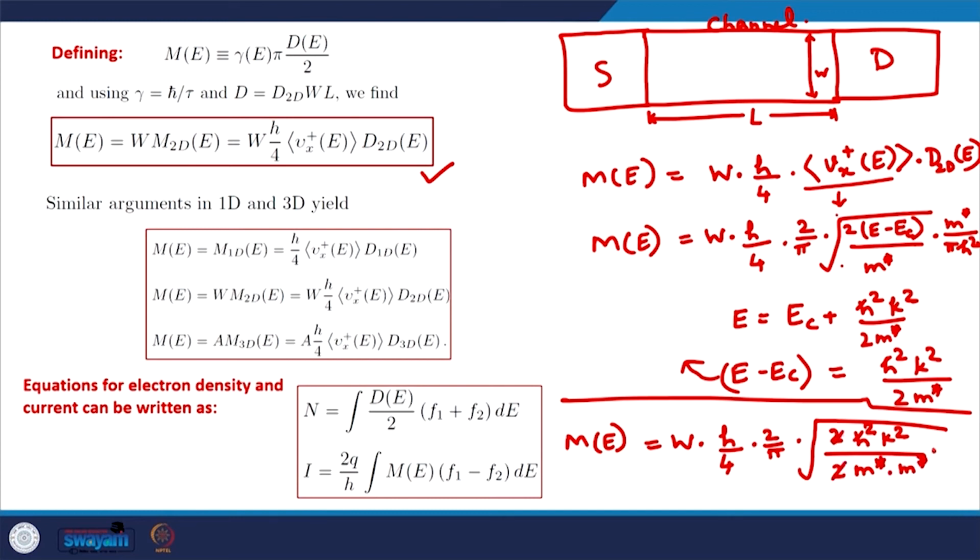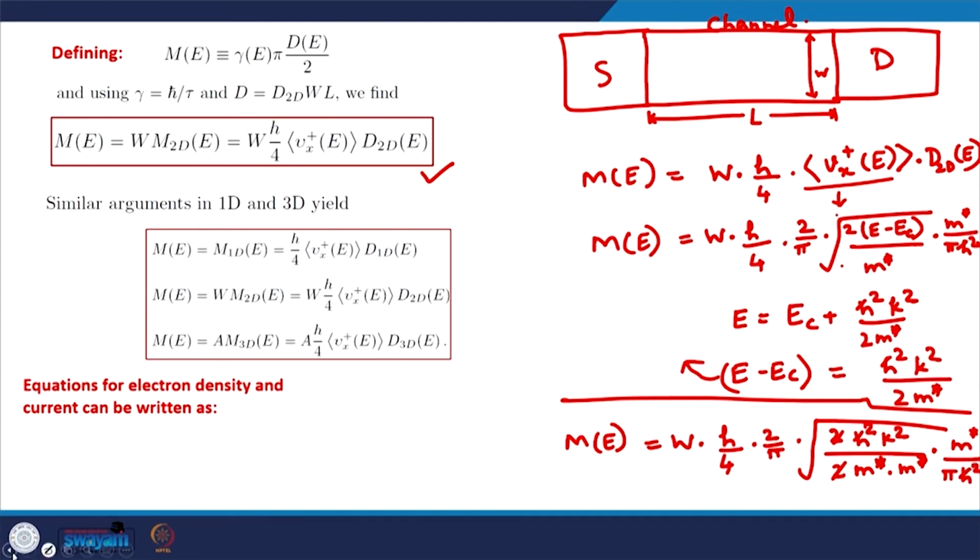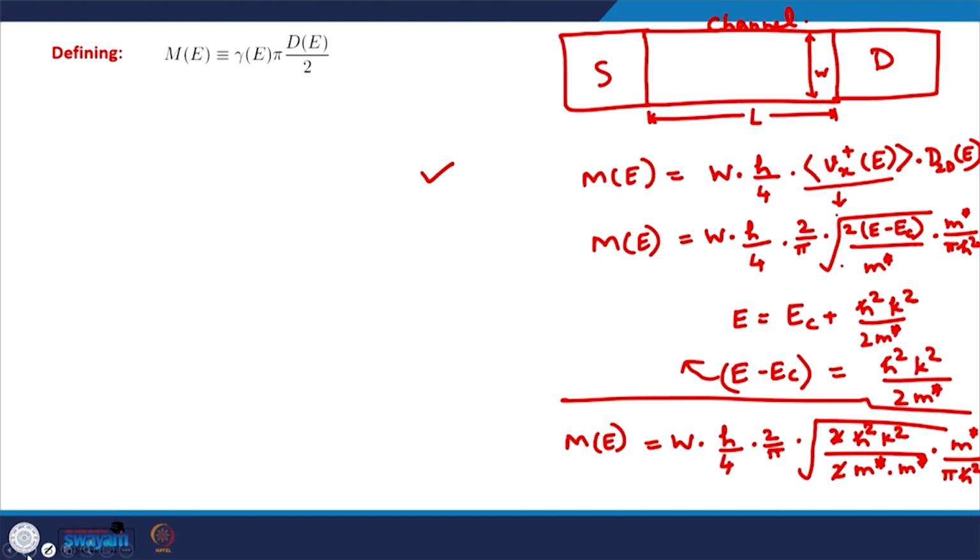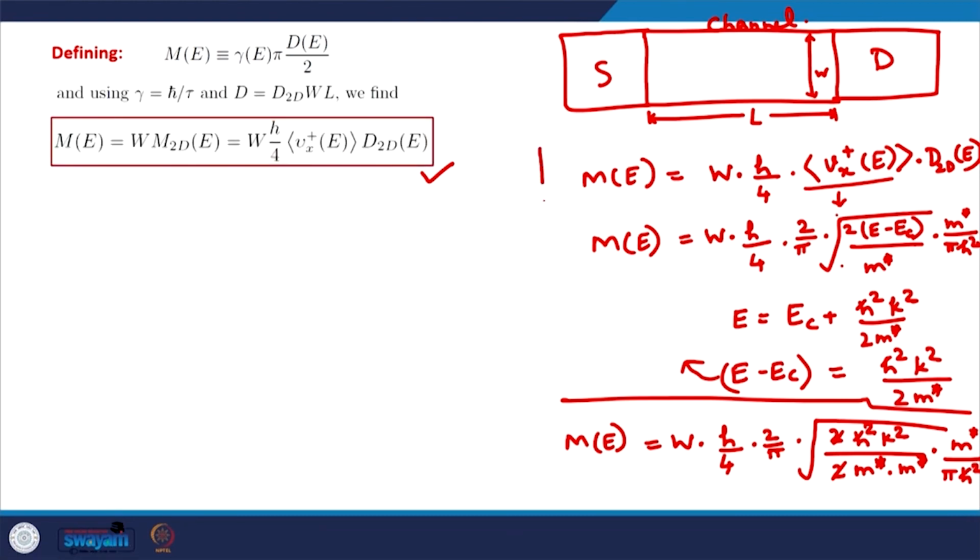So 2 will go away, and here we have m star by pi h bar square. Okay. So this is the expression for the number of modes in the 2D channel.